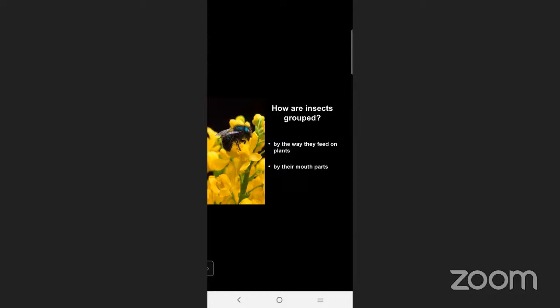Like this, we see many insects having different types of mouth parts according to their feeding habits. So we are going to do the practical on honeybee mouth parts. Chewing and lapping, L-A-P-P-I-N-G, lapping. You will study these mouth parts in detail.